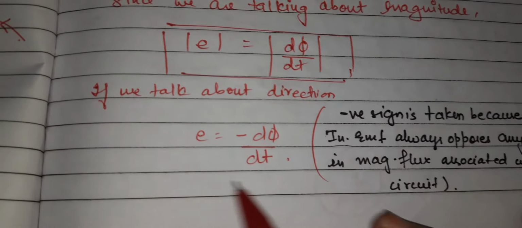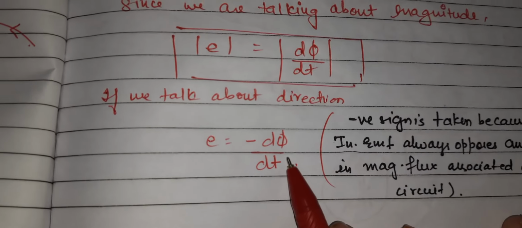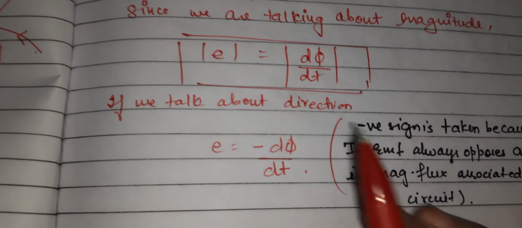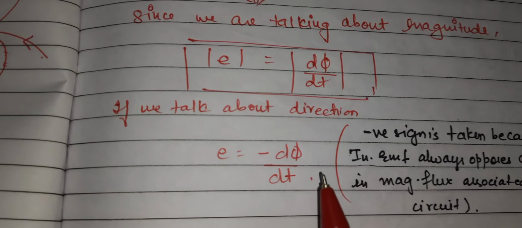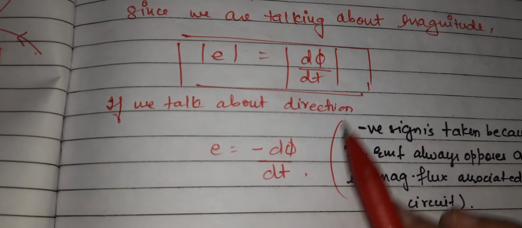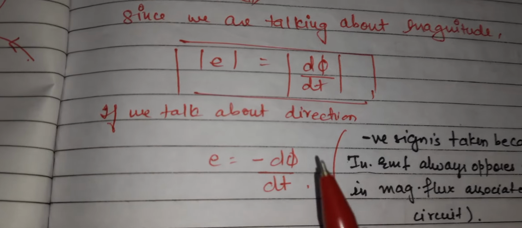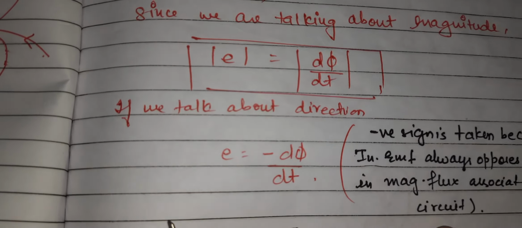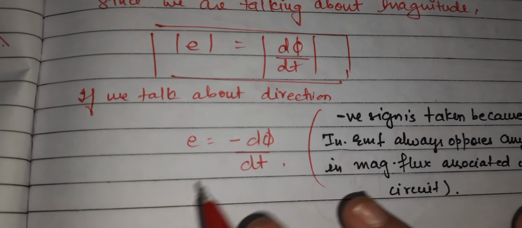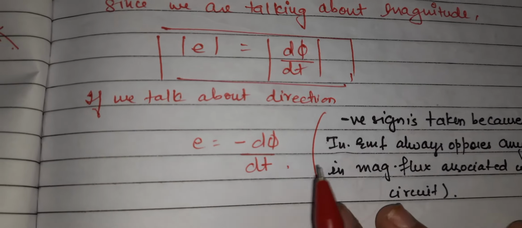Always remember this concept, the minus sign was actually given by Lenz, okay? And what he told is that whatever the reason because of which the EMF is produced in the circuit, okay? Suppose the EMF is produced by an increase in the magnetic field strength, okay? In which direction will this EMF be? The EMF will always be opposite to that direction.